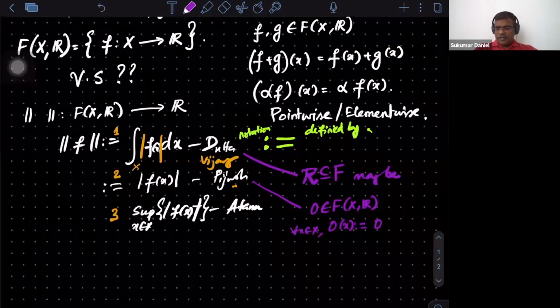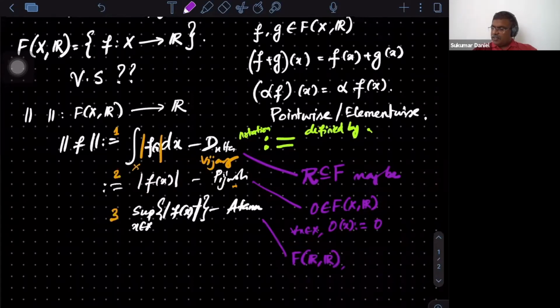For example, very specifically, suppose I consider functions from R to R, and I take X to be also R. Then I know that the function f of x equal to x belongs to the set. But what is the supremum? With modulus, it becomes infinite. But I want this to be a real number. Norm has to be a real number. So this creates a problem, and hence we can say that no, the third is not defining a norm on this set.